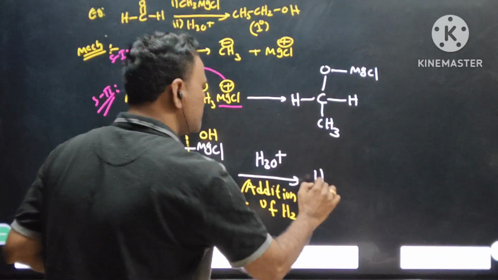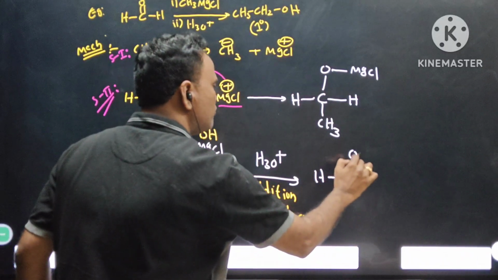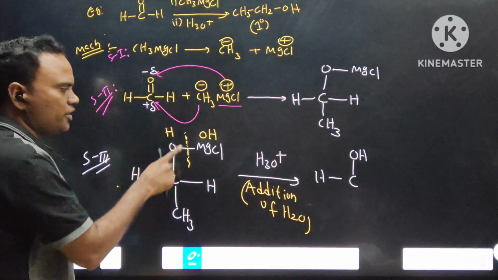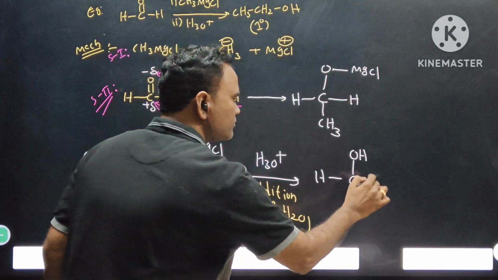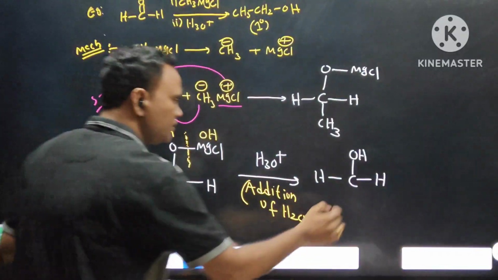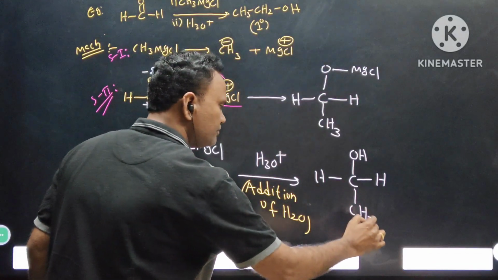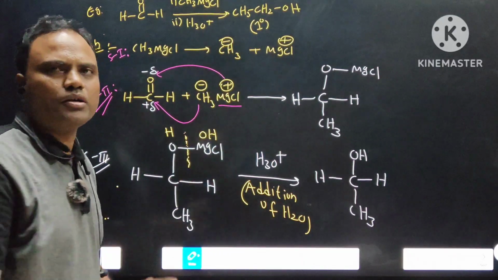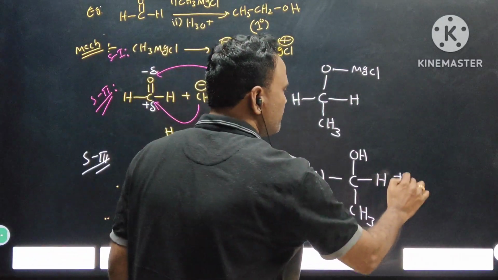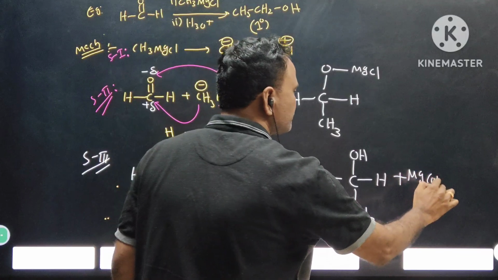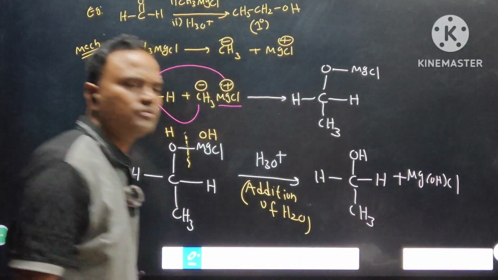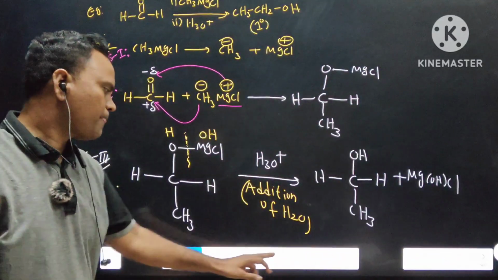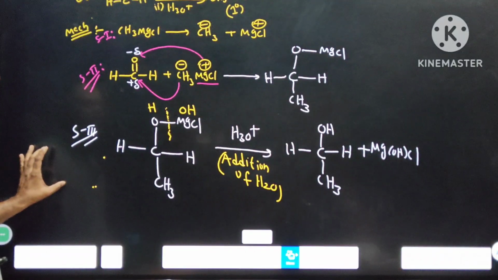Look at this. HC, OH, H here, CH3. And this is MgOHCl, a byproduct. Don't bother about the byproduct, you can ignore it.